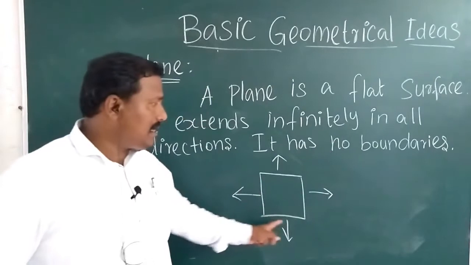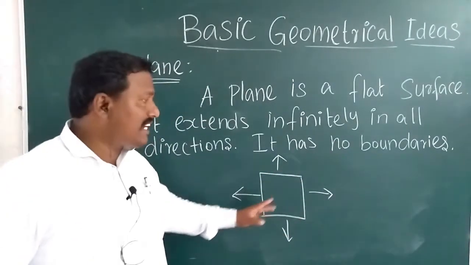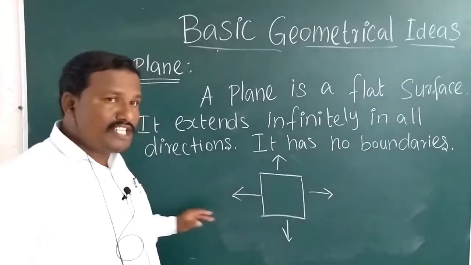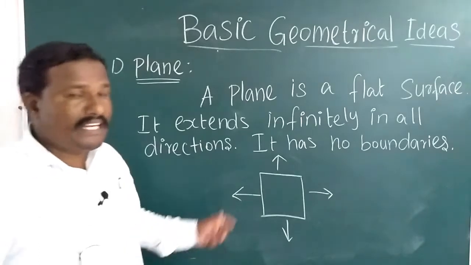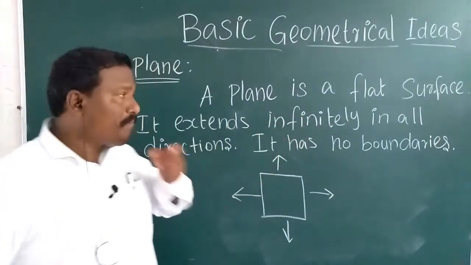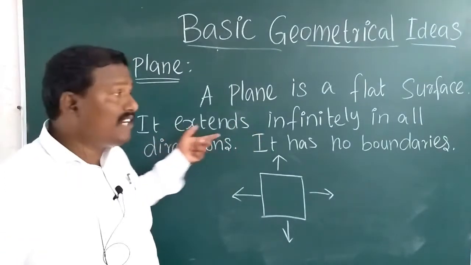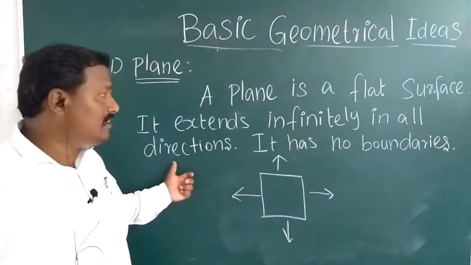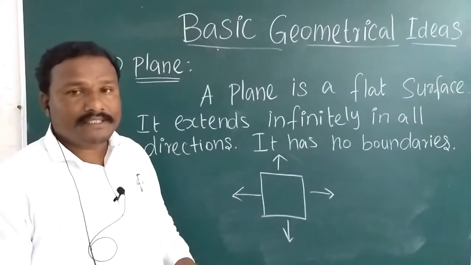Example, it's a plane area. It extends in all directions, so there is no end. This is called plane. So plane is a flat surface that extends infinitely in all directions and has no boundaries.